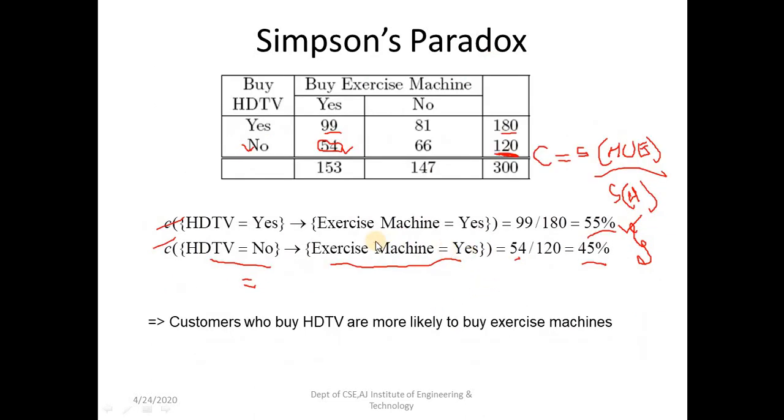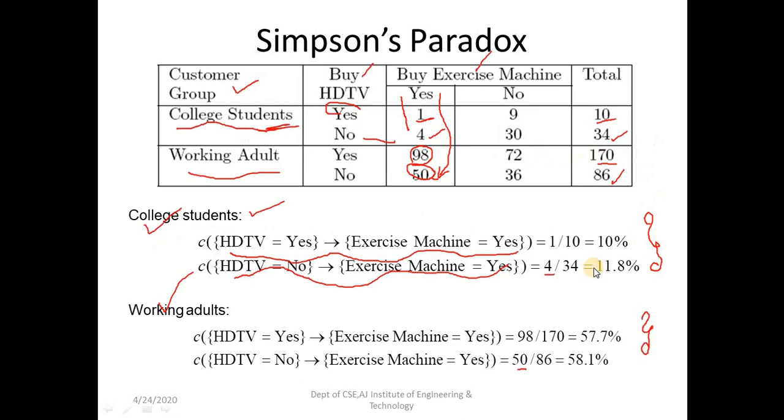When the two groups were summed up, customers who bought HDTV also buying exercise machine had higher confidence compared to customers who do not buy HDTV but buy exercise machine. So this is a contradiction.